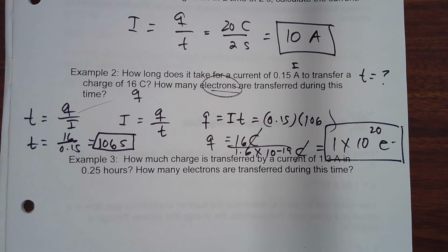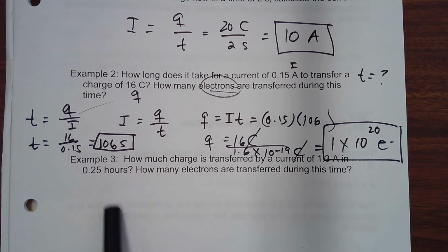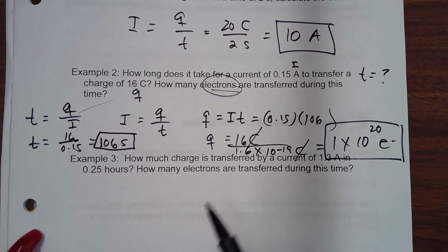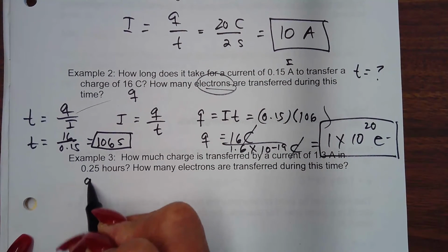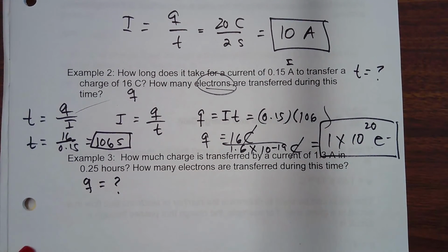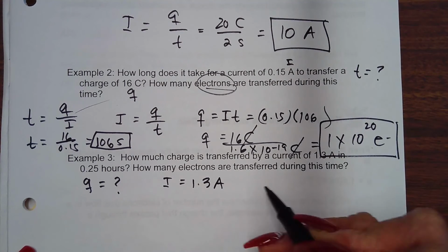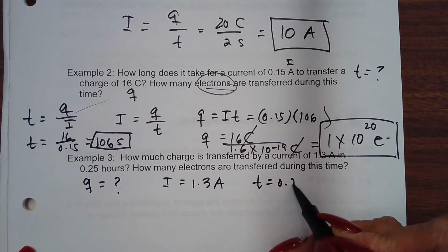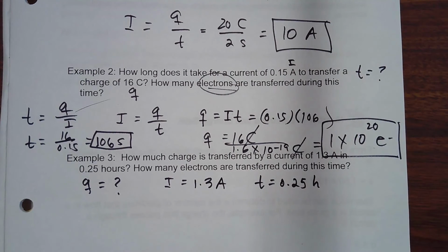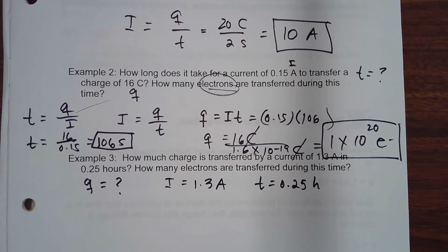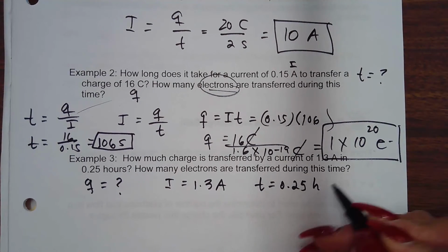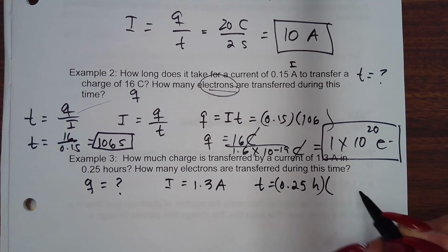Okay, so we can do the last example here. How much charge, so we're looking for Q, is transferred when the current is 1.3 amps in 0.25 hours? We can't use the unit hours, so we need to change this into seconds first.